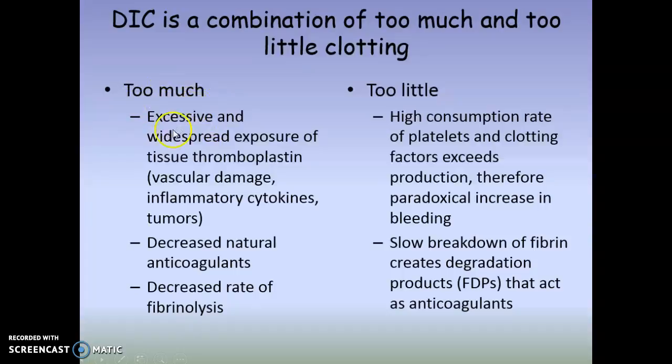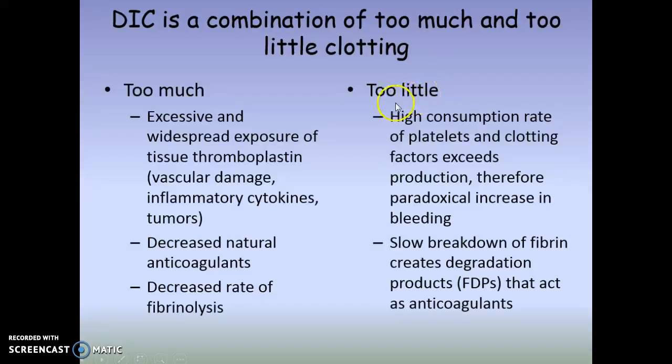So too much clotting: excessive and widespread exposure of tissue thromboplastin. This is due to vascular damage, inflammatory cytokines, even tumors that can secrete these different materials, specifically the thromboplastin. There is naturally a decrease in the anticoagulants that are going to be circulating, and decreased rate of fibrinolysis.